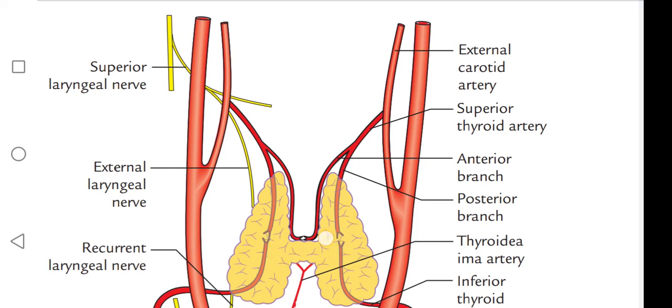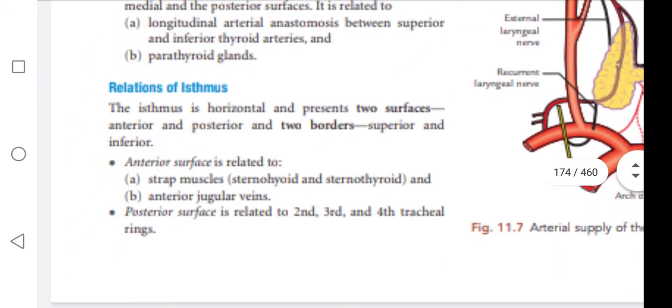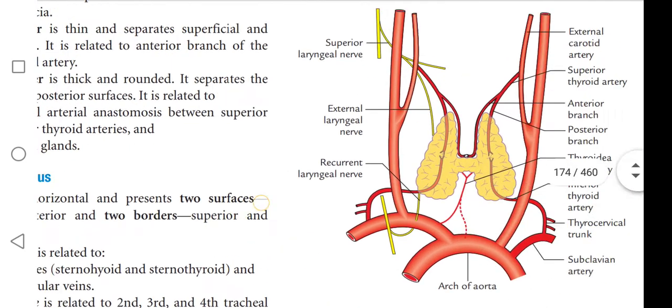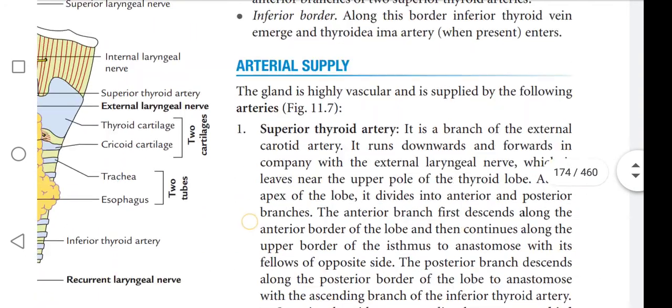Next, at the superior border, it is related to the anastomosis between the anterior branches of the superior thyroid artery, okay. And posteriorly it is related to the second, third, and fourth tracheal rings.